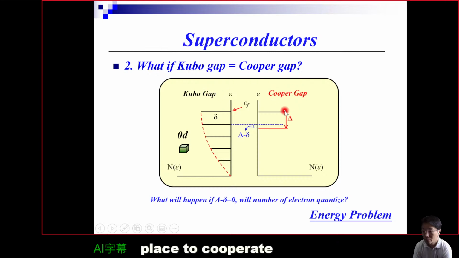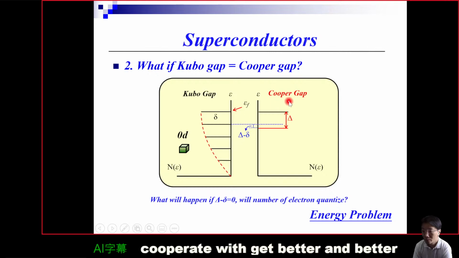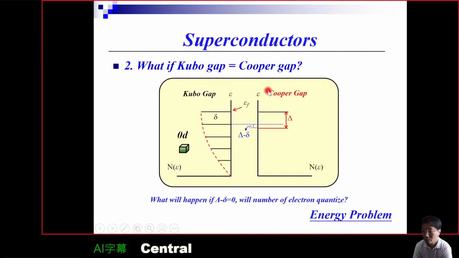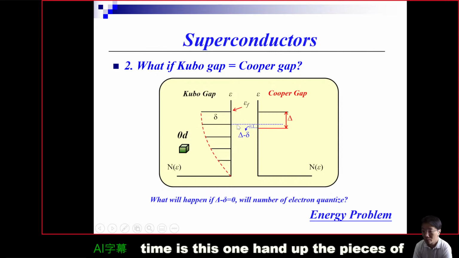I mean, if the gap delta and the capital Delta have some certain value where the electron is allowed to form a Cooper pair, or we can adjust the size to let this delta be equal to this one and allow the existence of superconductivity. That's also another problem. We call it the energy problem.